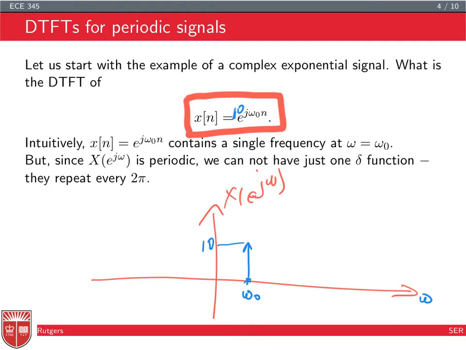But we know that X(e^{jω}) is periodic, so actually we have a repetition. So we'll have one impulse at the frequency ω equal to ω0 in the interval minus π to plus π, and this impulse is replicated. So this is 2π plus ω0, and then 4π plus ω0, and so on and so forth.